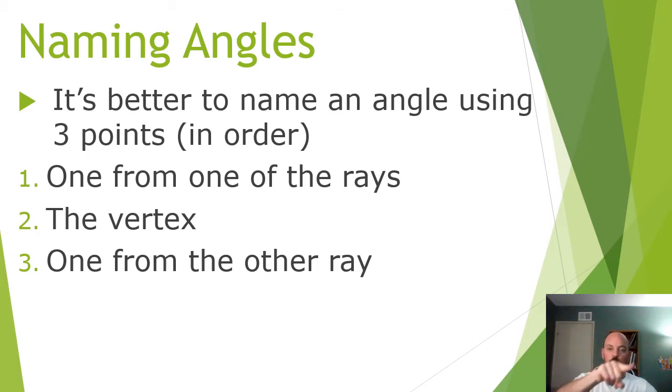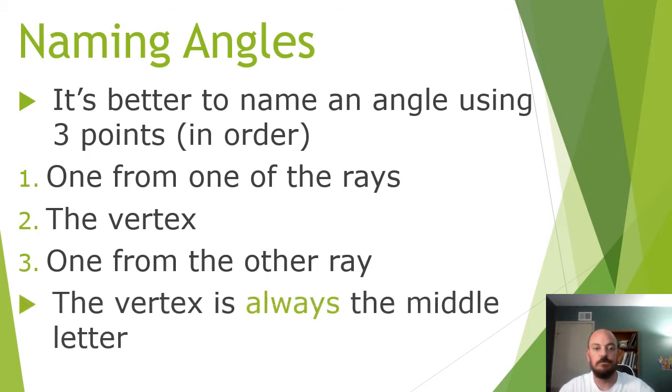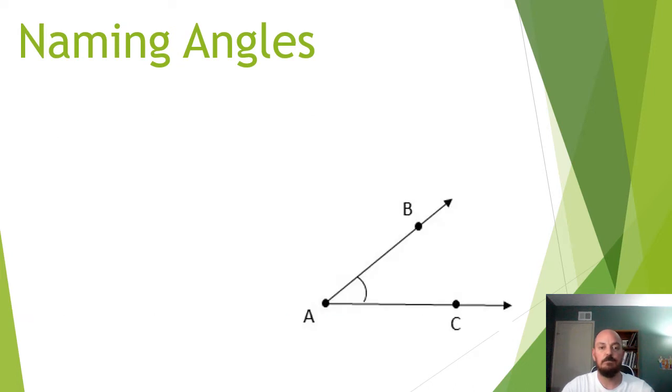So it goes in order, like you're going in the order that you would draw the angle. Now, it's very important to remember the vertex is always the middle letter, no matter what. If I call it angle ABC, then B is the vertex. If I tell you angle PQR, then Q is the vertex. Whatever that middle letter is will always be the vertex.